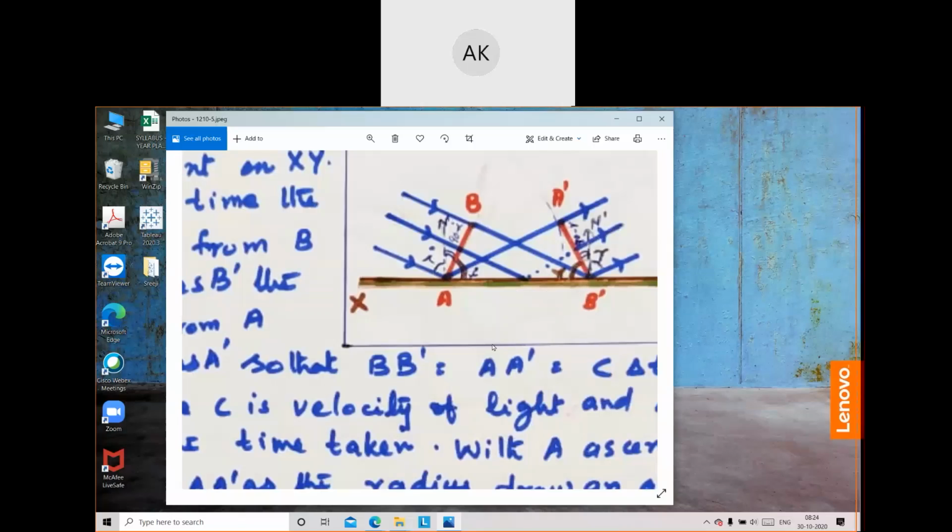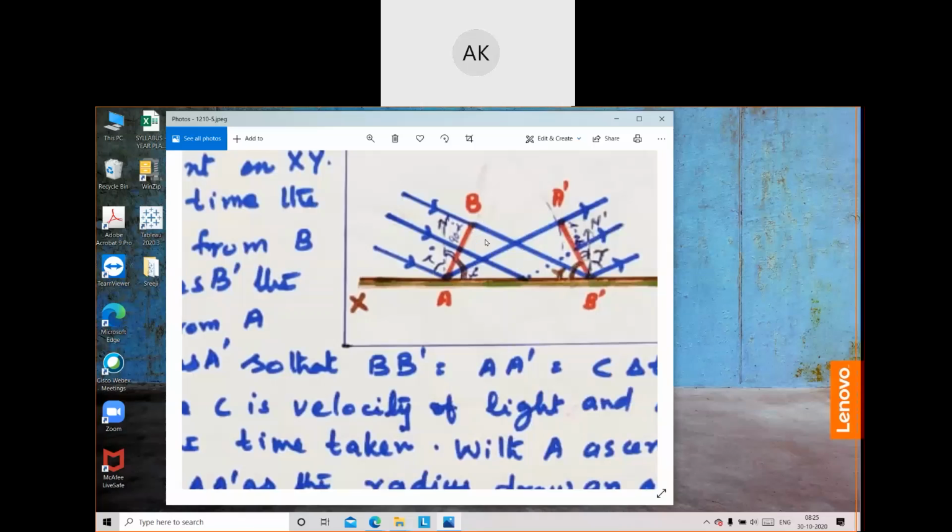Then this angle is 90 degree, angle B is 90 degree. And this angle A dash, B dash is also 90. So we got two conditions, which are they? One side is common and one angle is also the same, 90 degree.